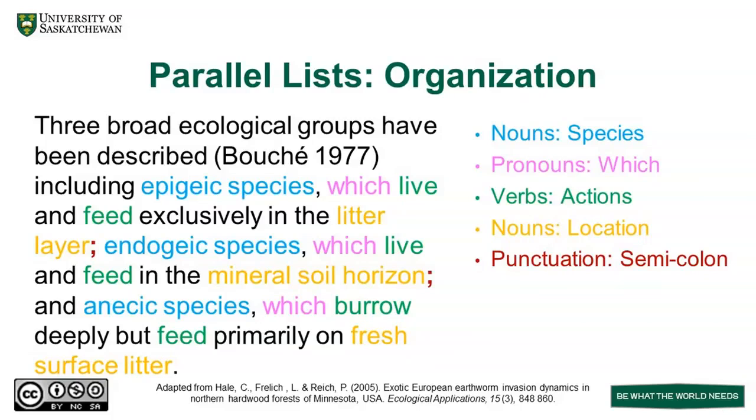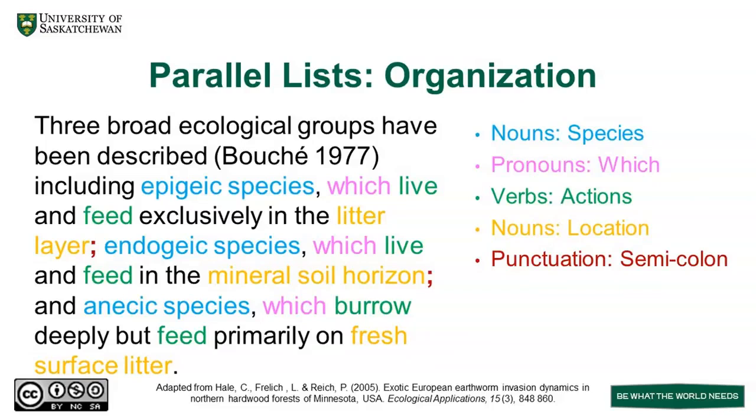So we begin with sort of that grouping noun where it's referencing the species of the worm that's being referenced. So we have 3 species that are indicated. And then we have a pronoun, which is introduced after that comma to sort of signal to our reader that you're about to get more information about this type of species.